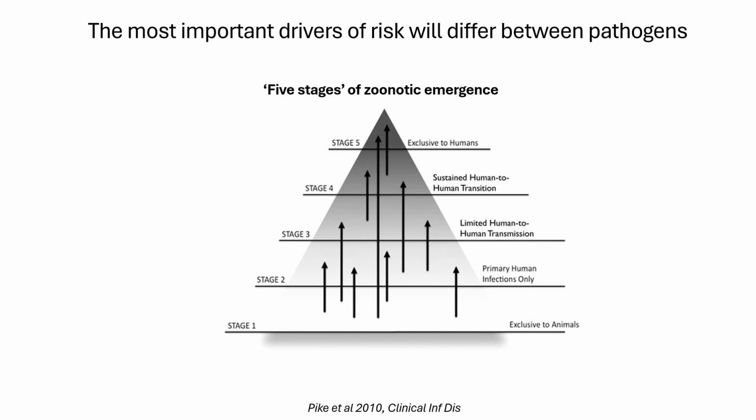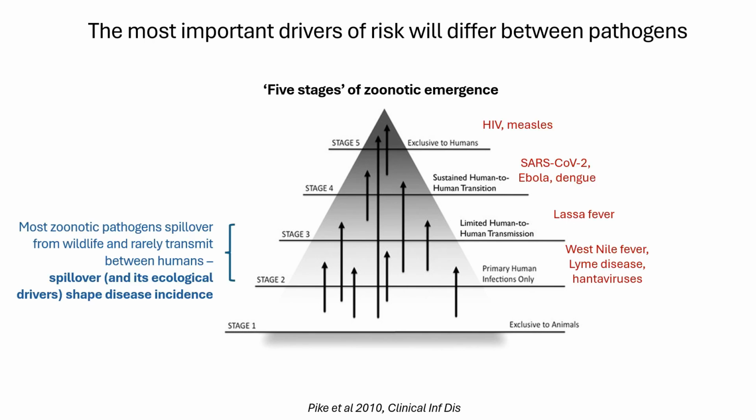And then from stages 3 to 4, we're moving towards pathogens that are increasingly effective at spreading in a human-to-human transmission context. If we think about some examples of where different pathogens sit on this, down at the bottom here for these stage 2 primary human infection pathogens, we have things like West Nile, Lyme disease, and hantaviruses. Stage 3, we have pathogens like Lassa fever, which can transmit between people, but don't do so very regularly.